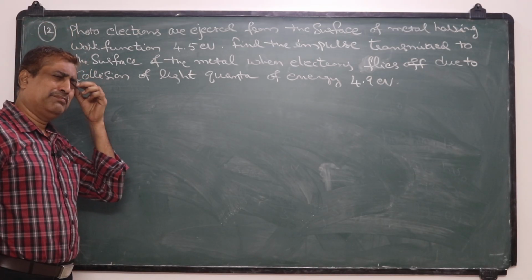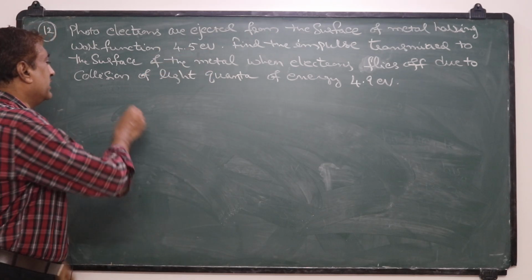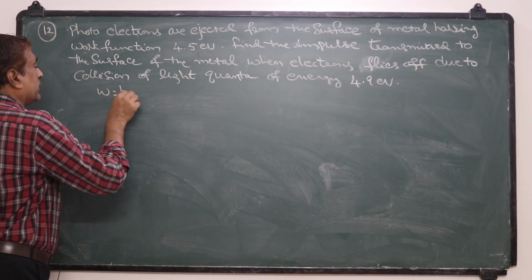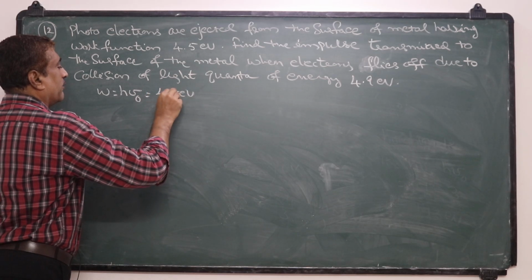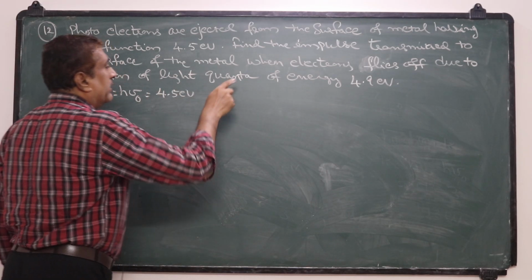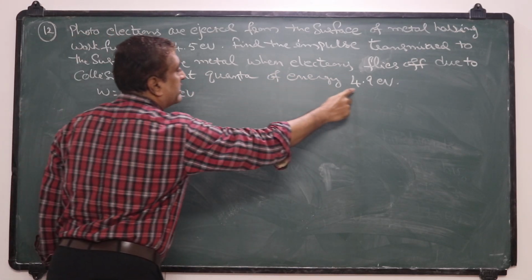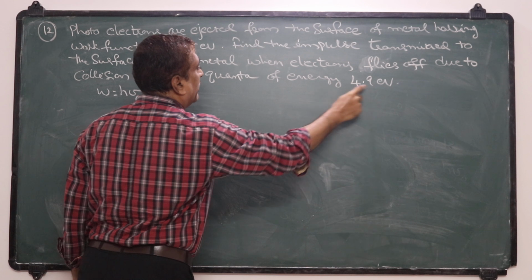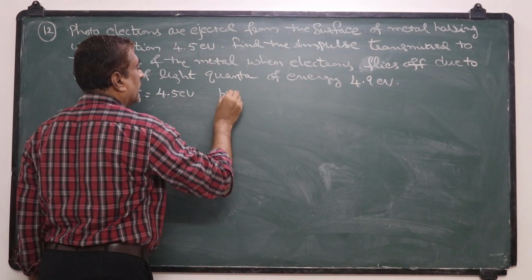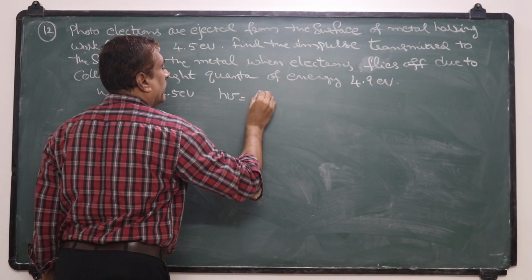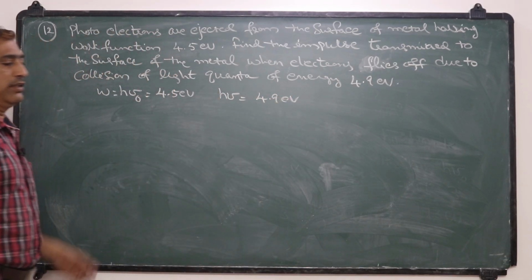As you know, here given the work function of the metal surface is W, that is equal to h nu naught is equal to 4.5 electron volt, and light quanta of incident energy of the photon is h nu, and that is given as 4.9 electron volt. Here these two are the quantities given.